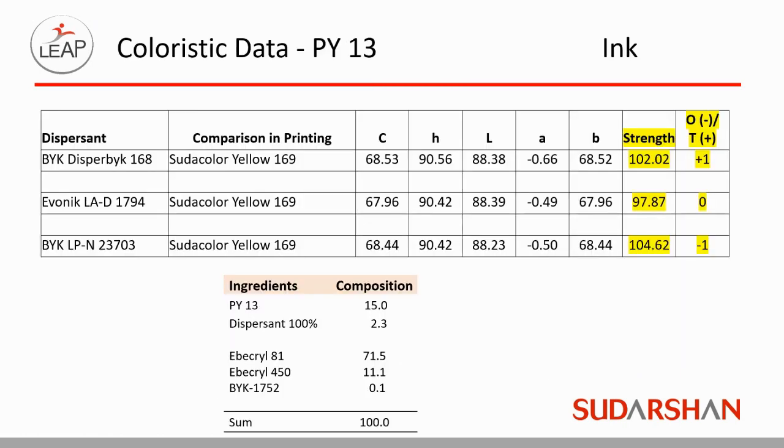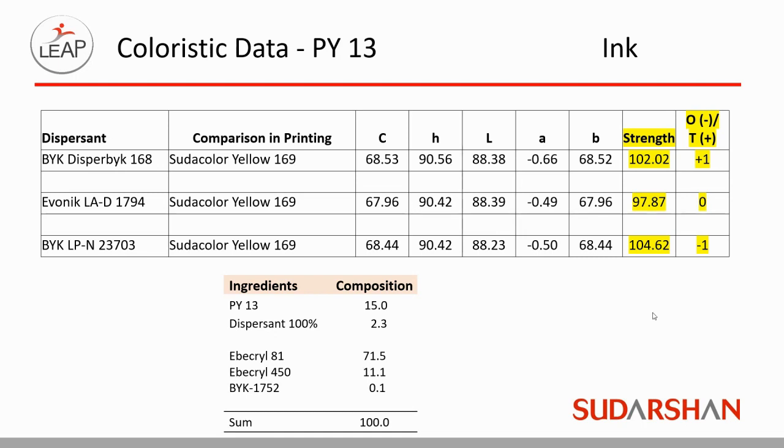If we take a look at an ink formulation with Pigment Yellow 13, I'm sorry. In this example, I have the same Pigment Yellow 13, our Pseudocolor Yellow 169, but I'm comparing different chemistries of dispersants, all in the same amount, same D to P ratio, just these chemistries are very different.